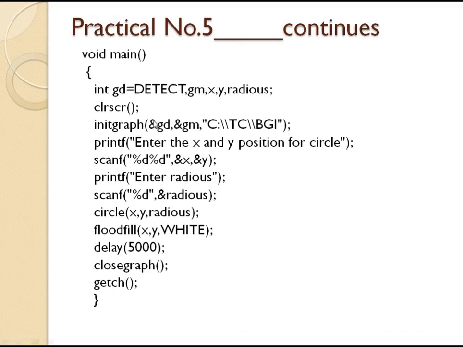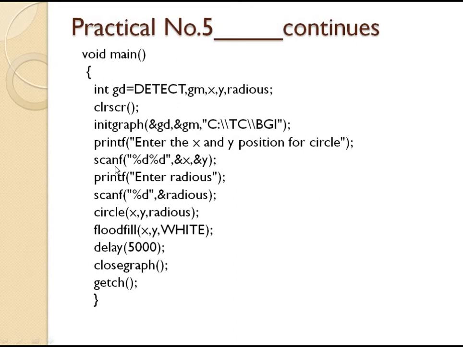By using this address-of operator we give the address of the graphics driver and the graphics mode to the initgraph function, and here we put the path, that is C colon, then turbo C, the BGI folder, the basic graphics folder.